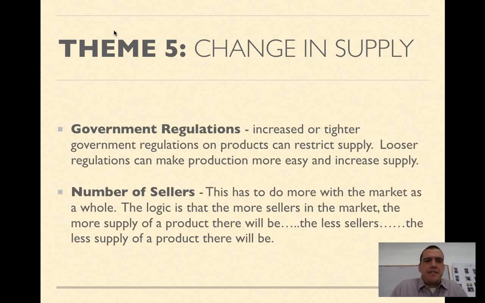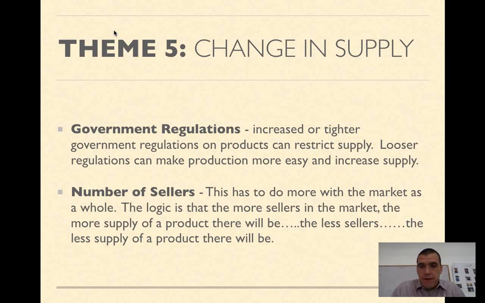And this takes us into something else that also has an impact, and that's government regulations. Think about it, again, the logic is straightforward. Increased or tighter government regulations on products can restrict supply. If the government regulates how you can make something or how much of a product you can make, this restricts your supply.